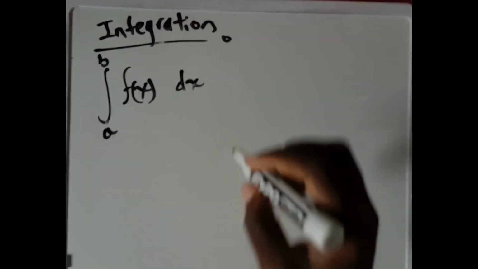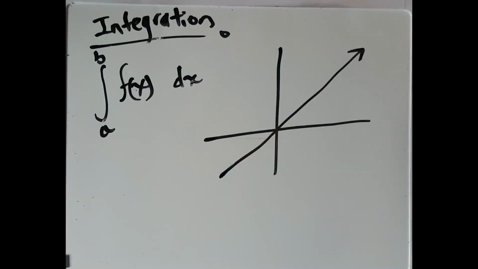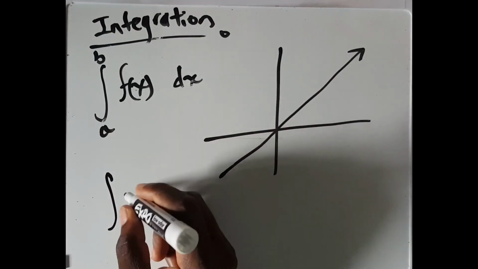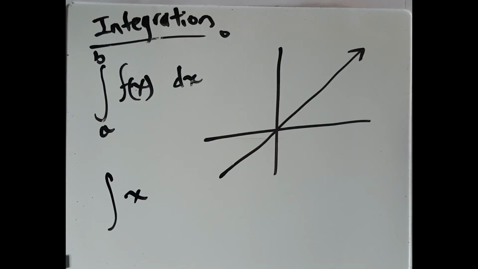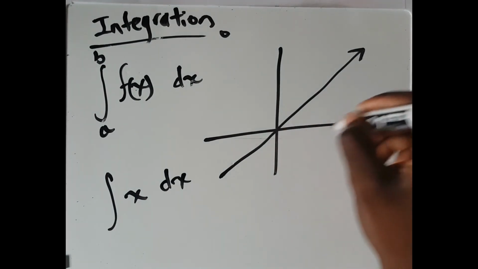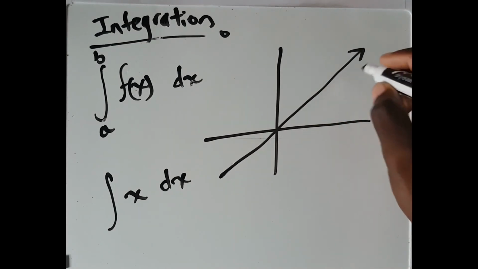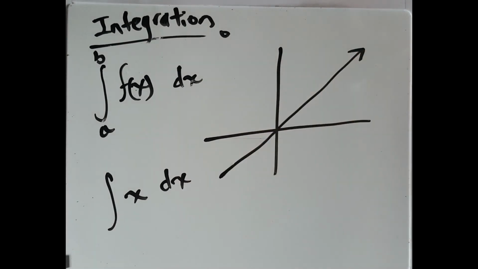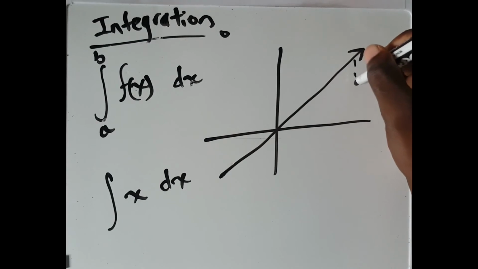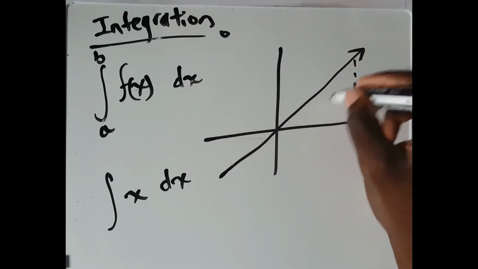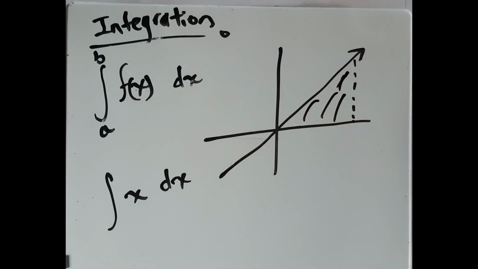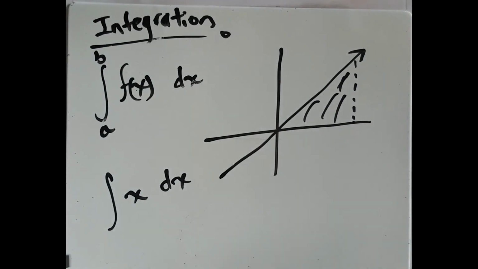So if I have a function, now without limits, if I'm supposed to find the integral of this function, x, without any limit of integration, I'm supposed to find the area under the curve. So to whatever limit this goes to, I'm supposed to find the area under the curve. So integration is just finding the area. When I'm doing the integration video, I will go deeper in explaining.